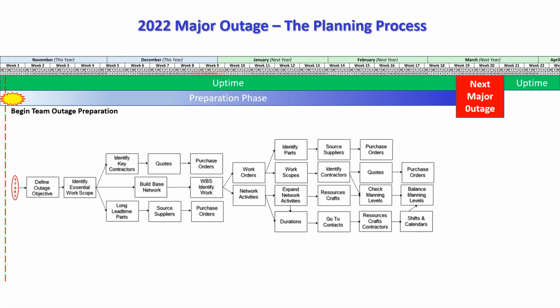So this becomes our preparation network, and it enables us to create a critical path network for the outage itself.